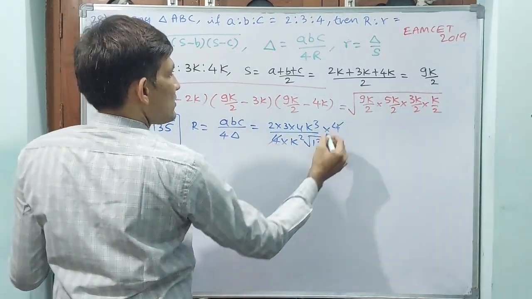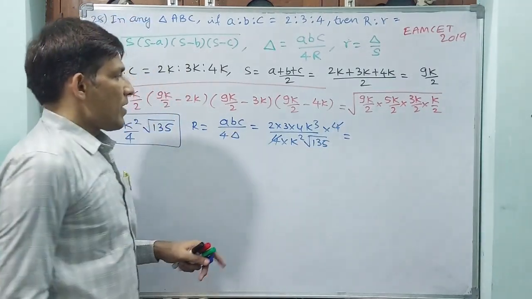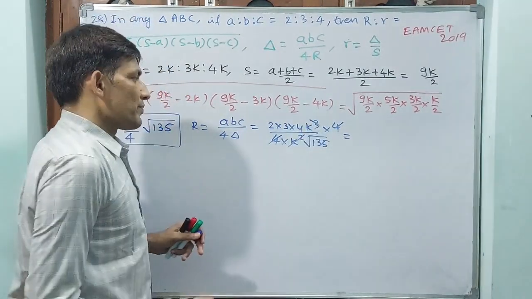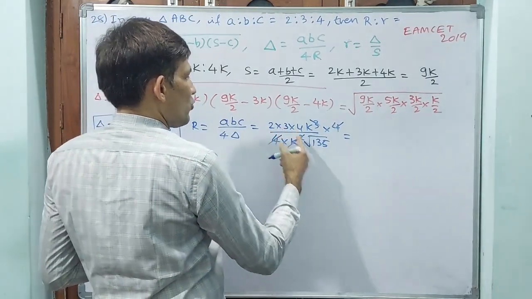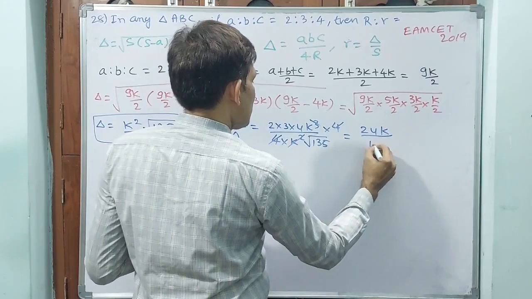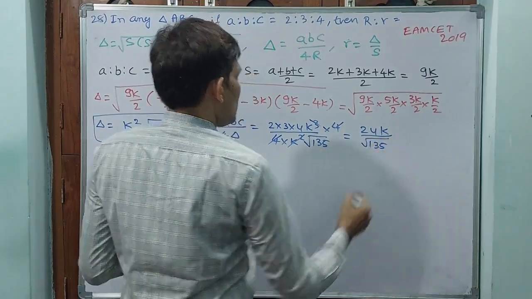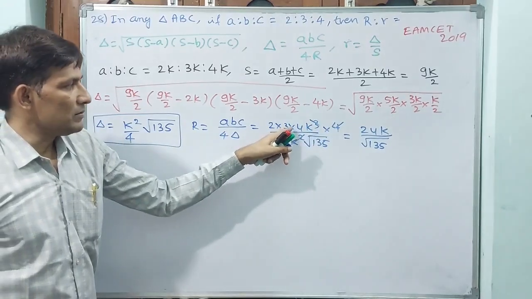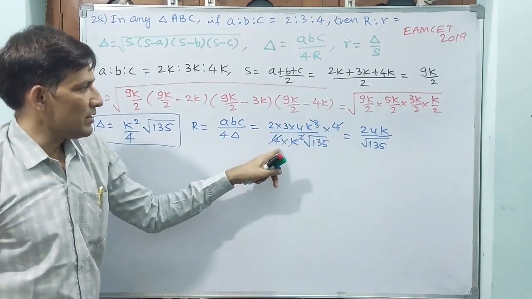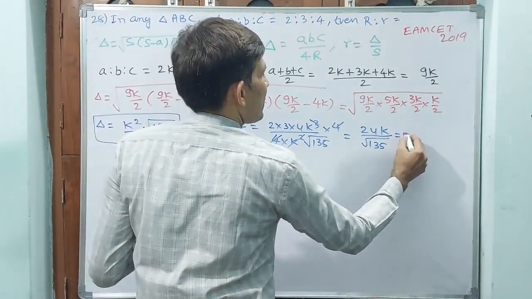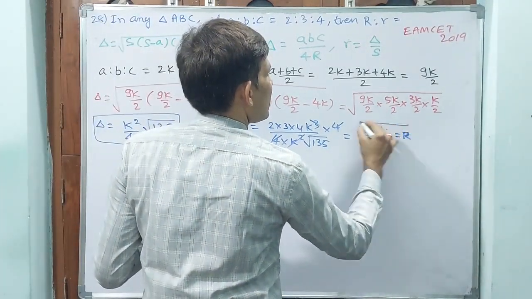Why? Because this 4 you cancel out, and k square completely cancels out, k will be there, and 24k by root 135. You understand? K square completely gone, k will be there. 24k by root 135. What is this? This is capital R, not ordinary r, capital R.